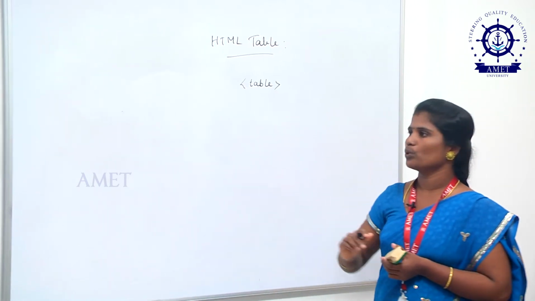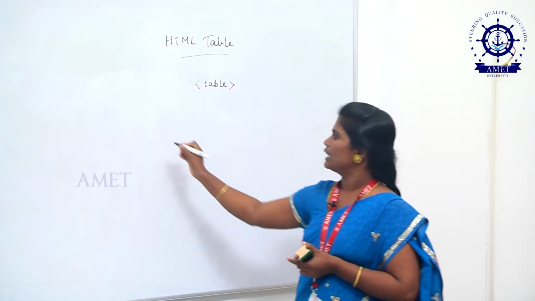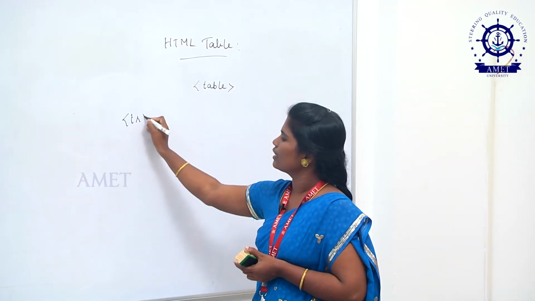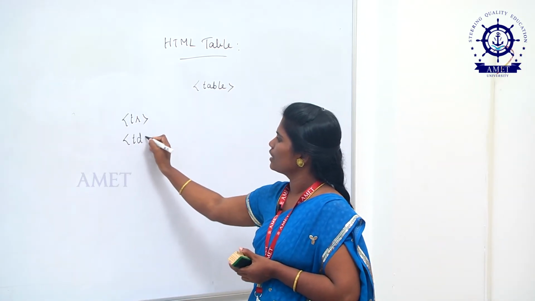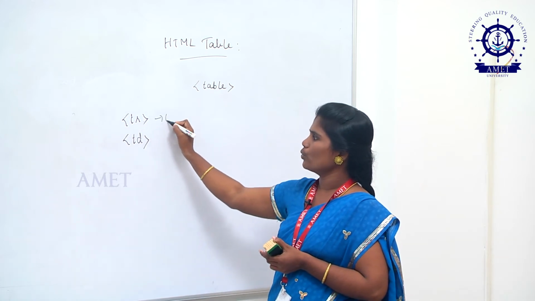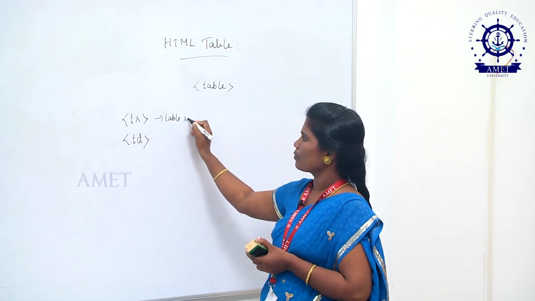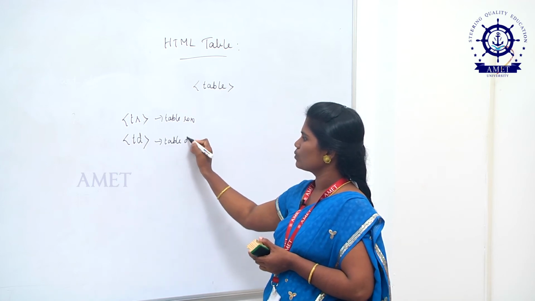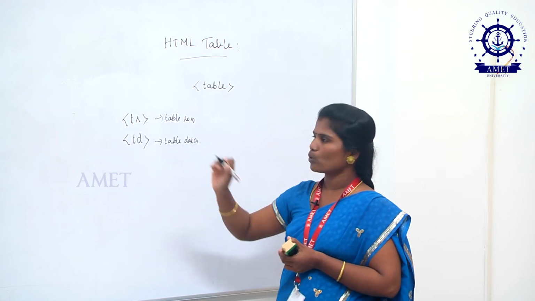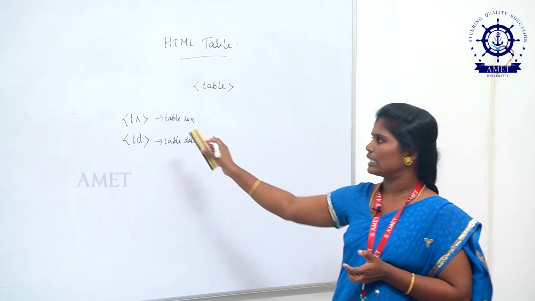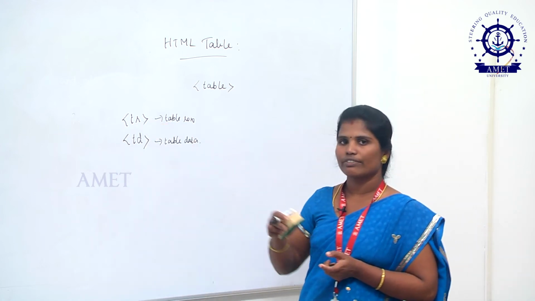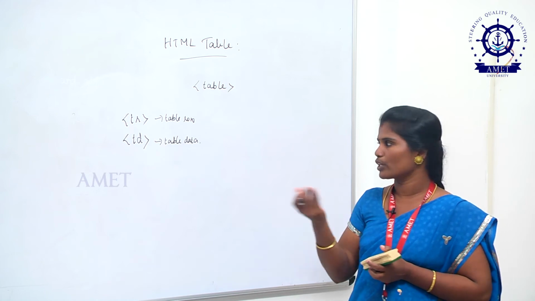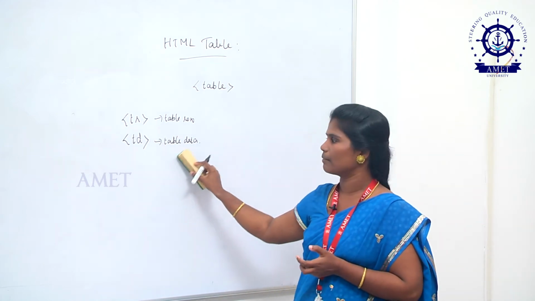Inside the table you have two tags, tr and td. tr stands for table row, td stands for table data. If you want to create a row, you can use the tr tag. If you want to define something inside the cell, you can go for table data.